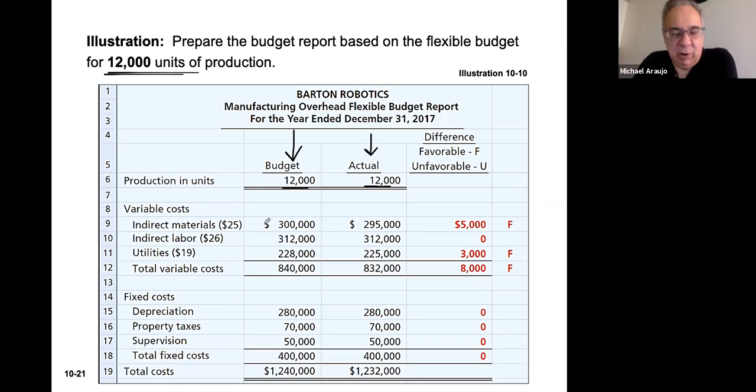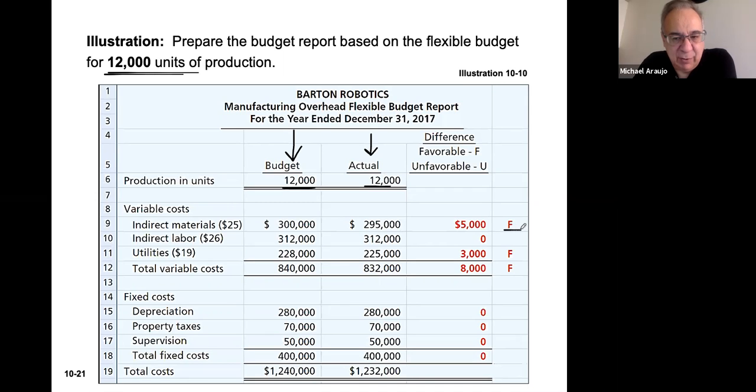But look at our variable costs. At a 12,000 production level, our budget would have been $300,000 for materials. We only used $295,000 for materials. That's $5,000 in costs that we saved. That's favorable because that cost would have been less.